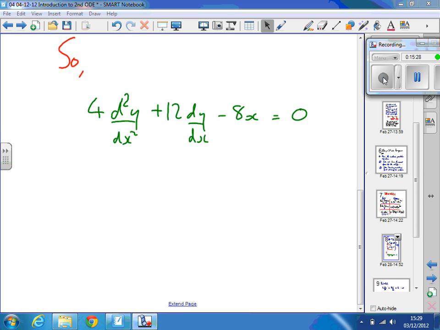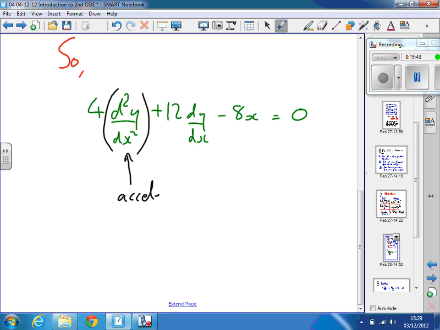So looking at this example again, if this was time down here, t for time, then this would be an acceleration. So this is often an acceleration. So this is likely to be a mass, because mass times acceleration gives us the force, which is the first example we looked at. So that's the force due to the gravity, this bit.